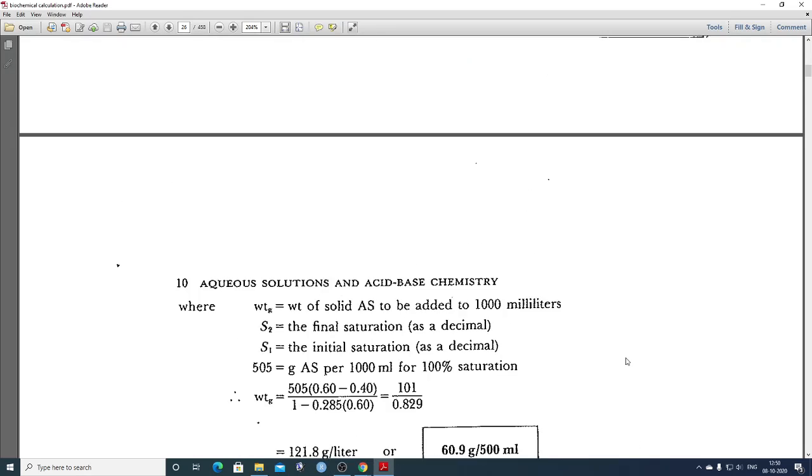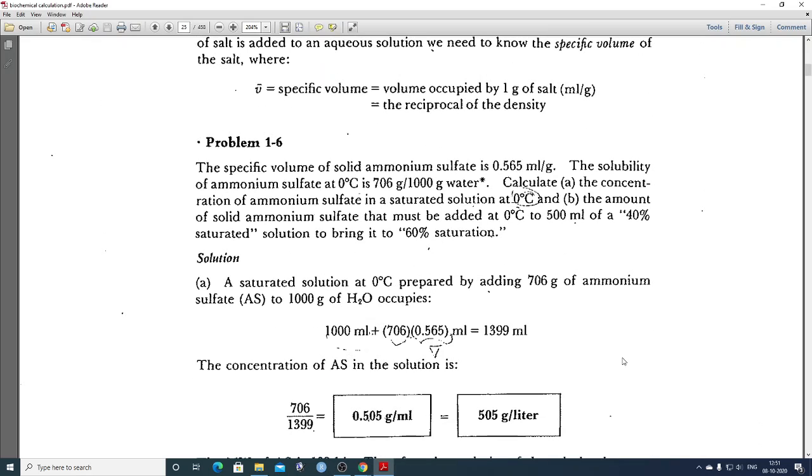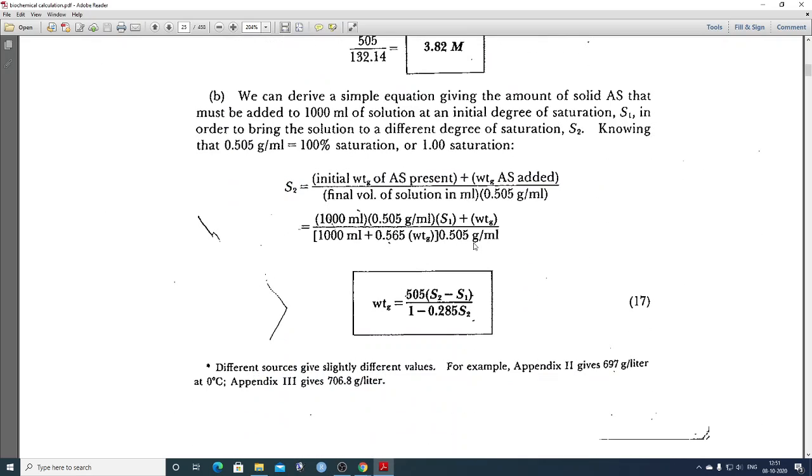Why are we doing this calculation? Sometimes you have a 40% saturated solution and you want to bring it to 60% saturation. The initial ammonium sulfate present plus the weight added, divided by the final volume of solution, multiplied by 0.505 gram per ml for a saturated solution, accounts for how much volume it occupies.